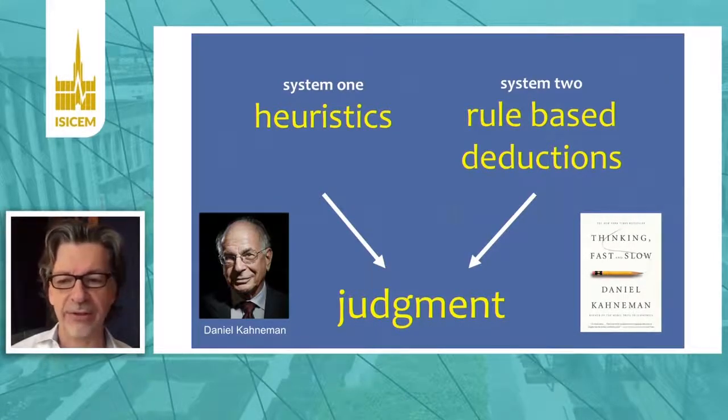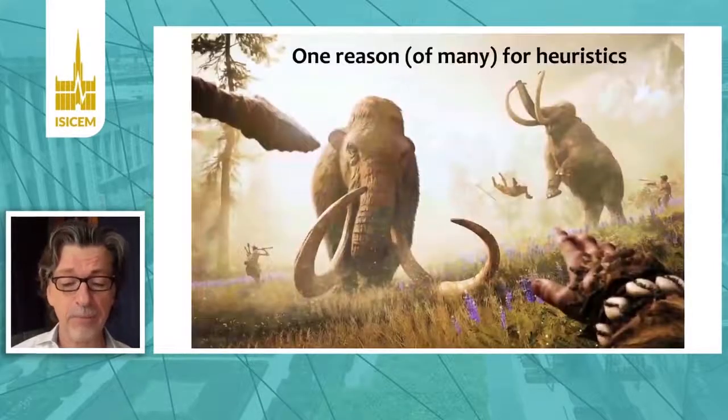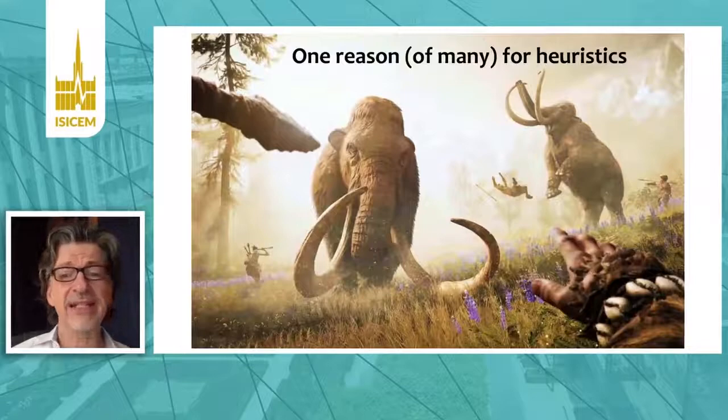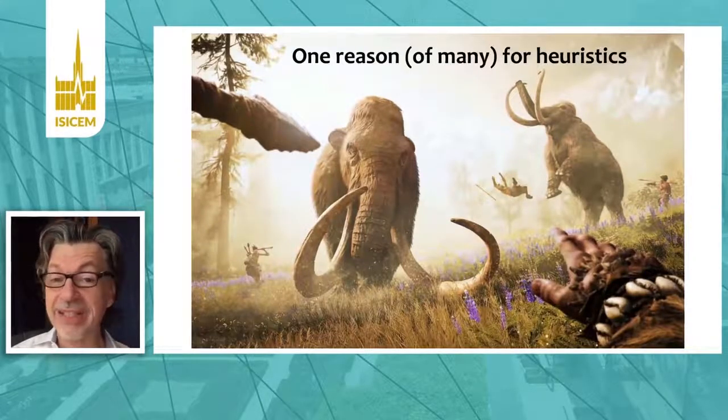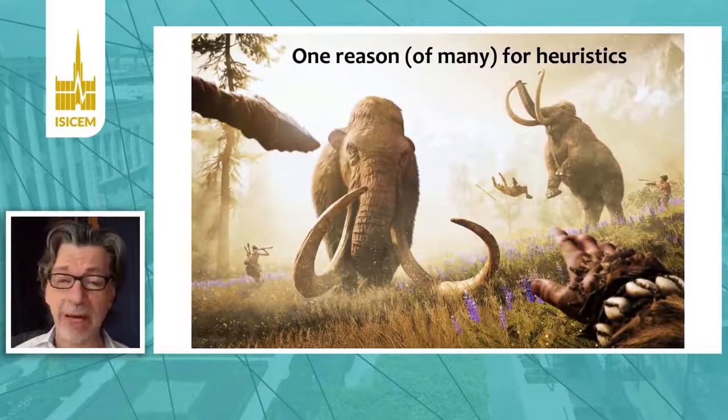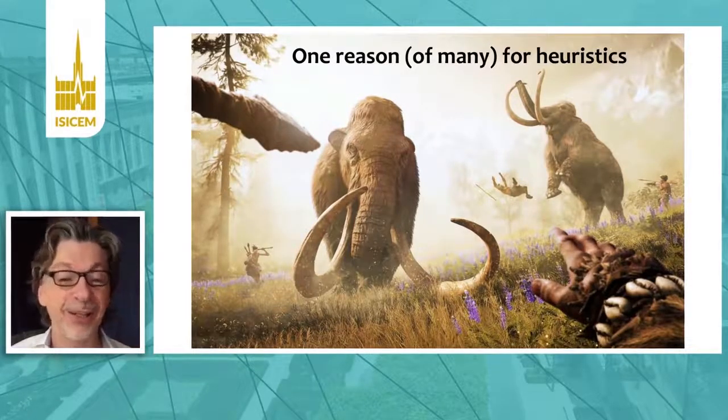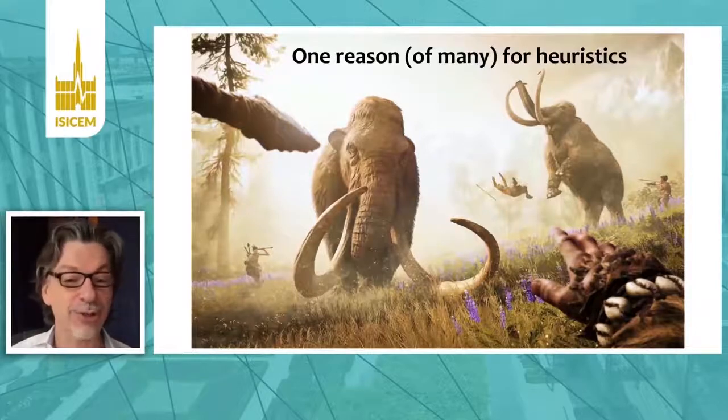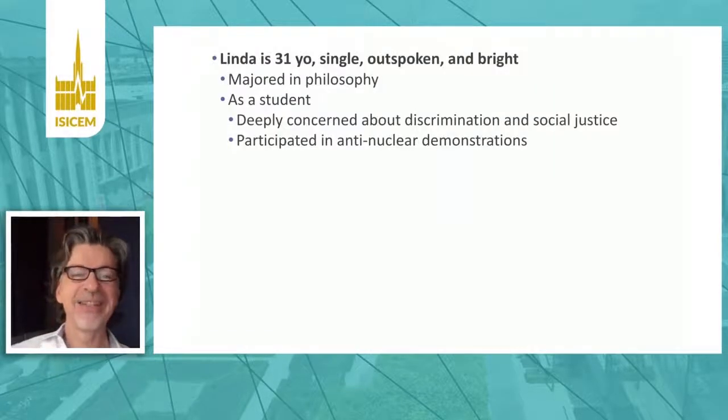And this is a picture of Daniel Kahneman. This is sometimes described as thinking fast and slow. And why do we need to think fast? Well, we need to have heuristics because sometimes we might, in the past, be going out looking for lunch only to find that lunch might be thinking that lunch is going to attack us.